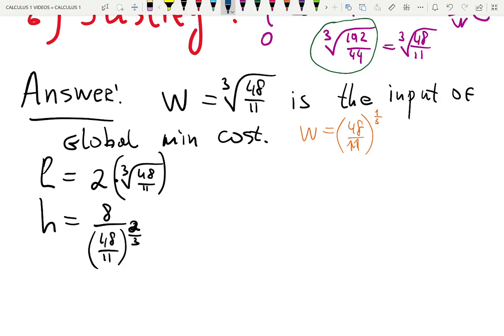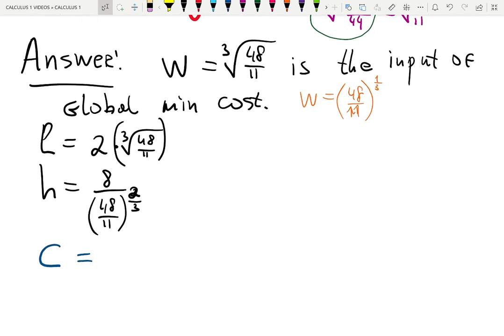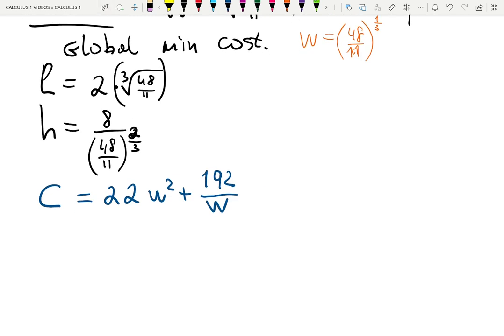And finally, the cost. The cost function can be found either from the very original equation with 3 variables, but it makes sense to use the one we have with 1 variable, because we put so much effort to simplify it. It was 22w squared plus 192 over w. So now, I'm just going to start the new one. W at 48 over 11, let's keep it as 1/3.